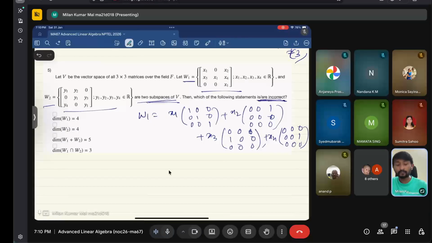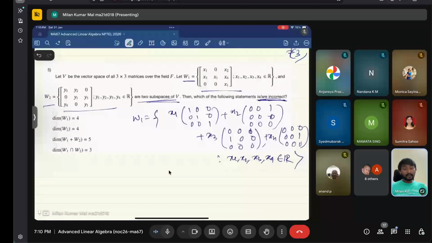You can write any element in W1 this way, such that x1, x2, x3, x4 are real. This is what W1 is.